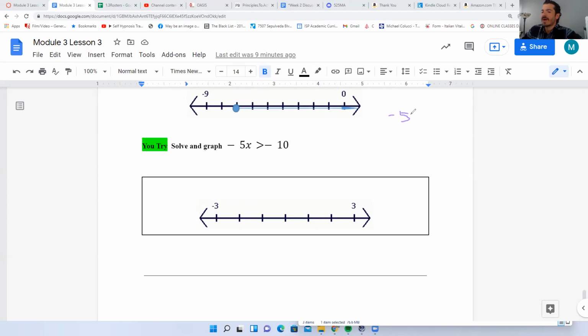If I have negative 5x is less than negative 10, if I add 5x to both sides, a negative 5x plus a positive 5x is 0. I didn't multiply by anything, positive or negative, so the sign's going to stay the same. I'm going to be left with negative 10 plus 5x.